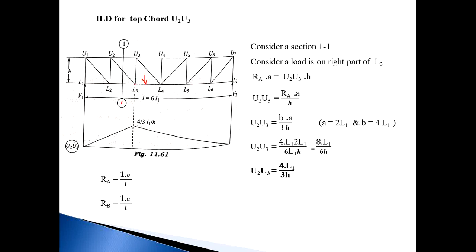Then with respect to L3, the direction of the moment for RA is clockwise, so RA into distance A, this is the A distance. I want to provide an anti-clockwise moment in U2U3, considering just one member, U2U3.